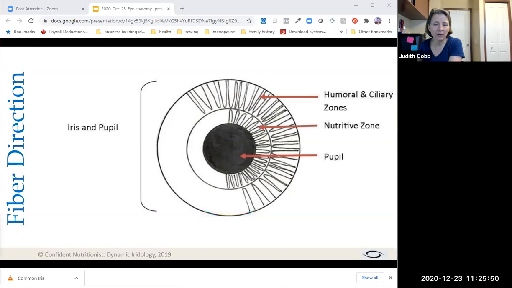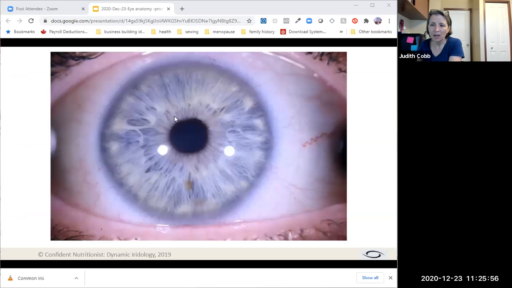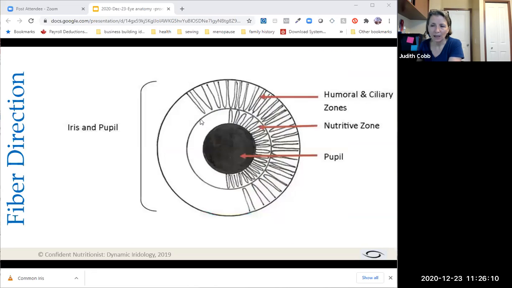Now I just want to flip back one image here to show you where the dividing line is. Do you see in this picture, we've got this one interesting fiber that is wrapping all the way around like this? When you see that, that is the comparison to this ring that is coming around.